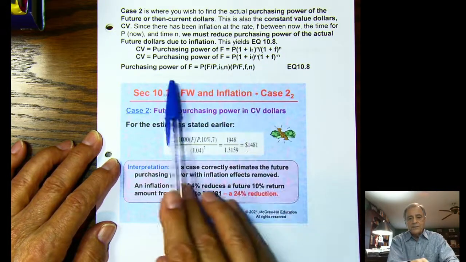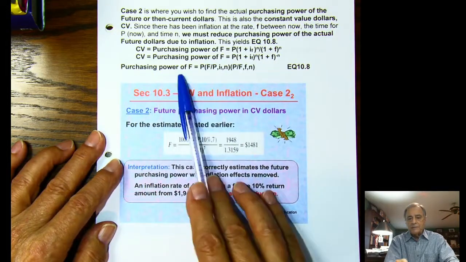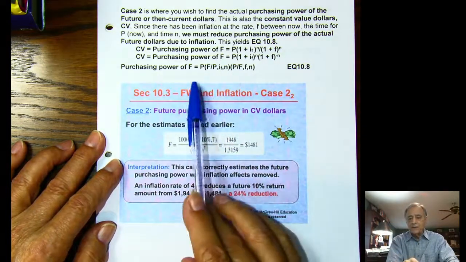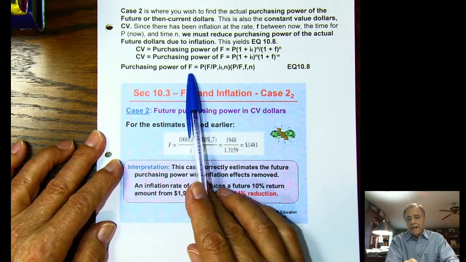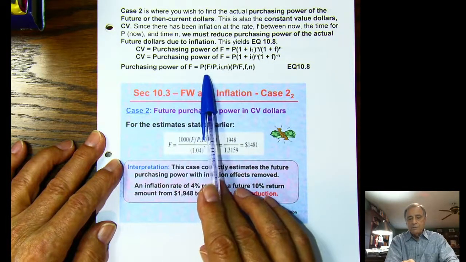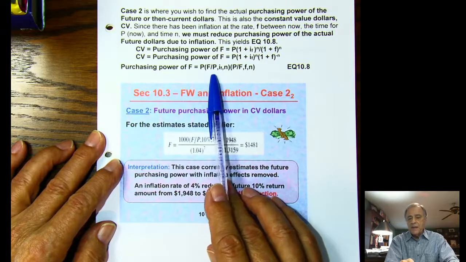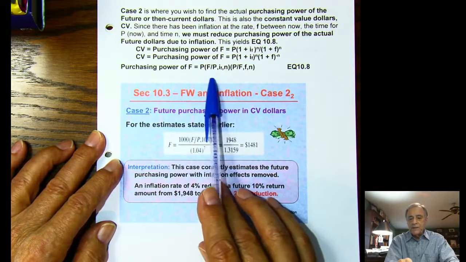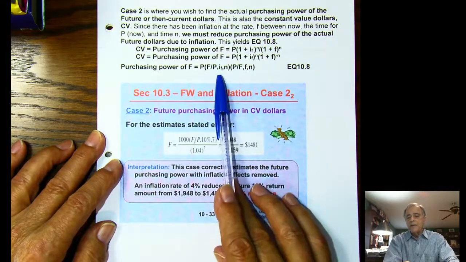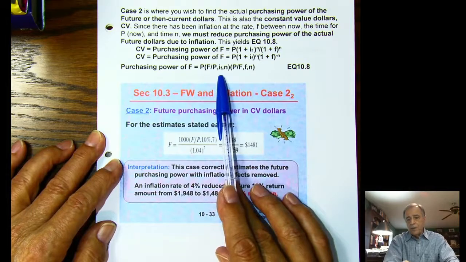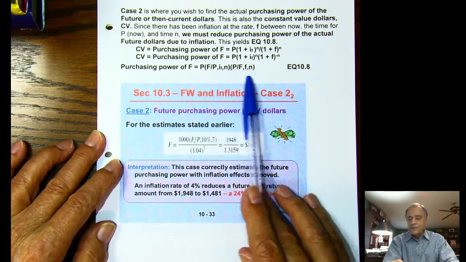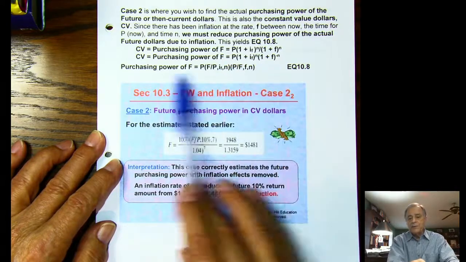In terms of your symbolic formula, the purchasing power of F equals P times F given P. So we're inflating it, F given P, moving it out to the future at the market rate, i sub f, for n periods, and then we're deflating it to get a purchasing power number.